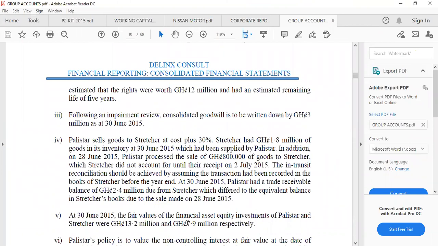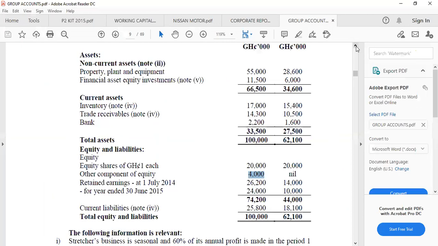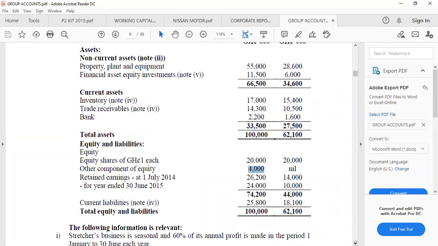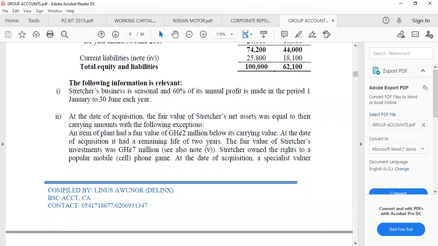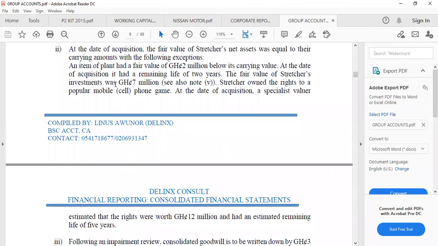Stretcher's own is what? 7,900. Are we there? Okay. But what was the value in the statement of financial position? 6,000, isn't it? At the date of acquisition, do we do something to the investment? At the date of acquisition, the investment increased by 1,000, isn't it?